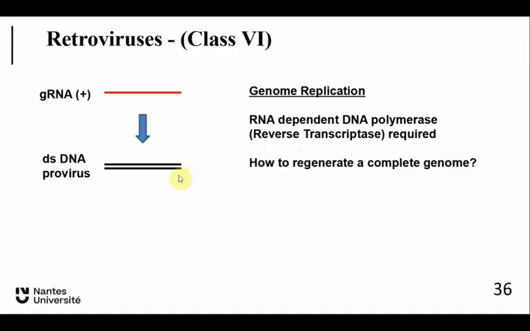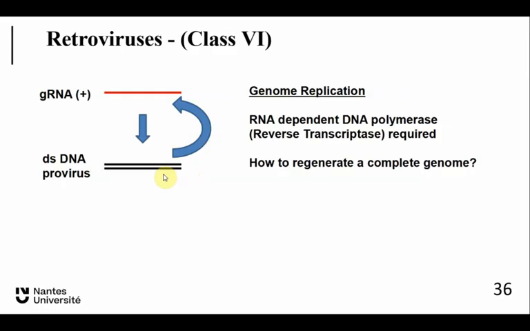Then afterwards, this double-stranded DNA will be retranscribed into RNA because there is a promoter region in the proviral DNA that can direct the host RNA polymerase II to transcribe messenger RNAs from the proviral genome.